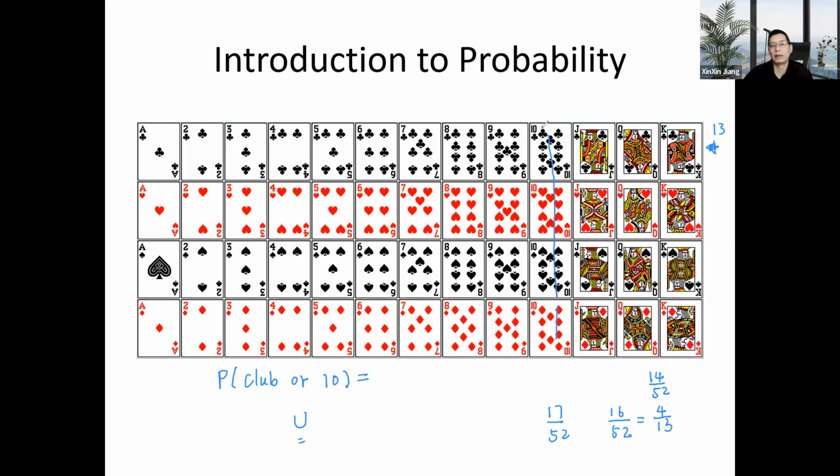Seemingly 13 plus 4, but one card is double counted, so we need to subtract. So it should be 16 out of 52. We have a winner here. All right, I think 3 people got it right.